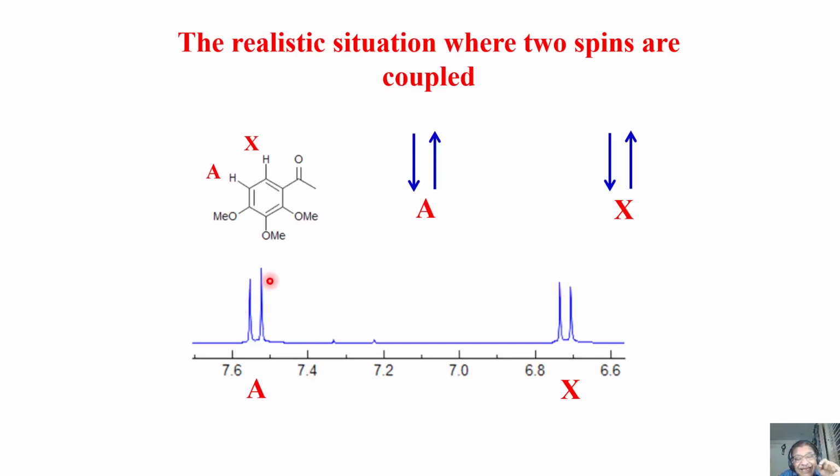So, there is a minute strong coupling character present in the system. But nevertheless, for the purpose of analysis, the chemical shifts of A and X can be obtained. This separation gives me the J coupling. Okay. So, this is the realistic situation. This separation gives J.